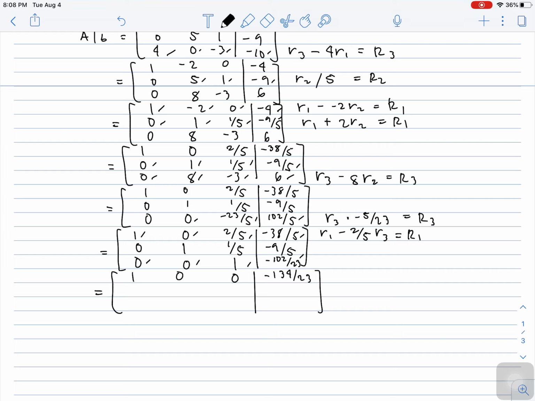Okay, so next, copy. We also need a zero in the second row. So r sub 2 minus 1 over 5 multiplied by the pivot row, which is r sub 3, is equal to our new r sub 2.